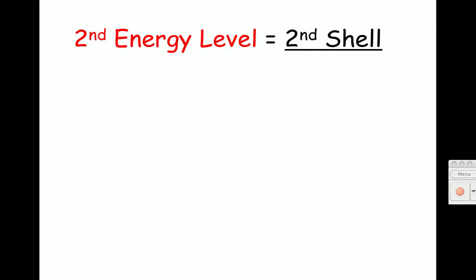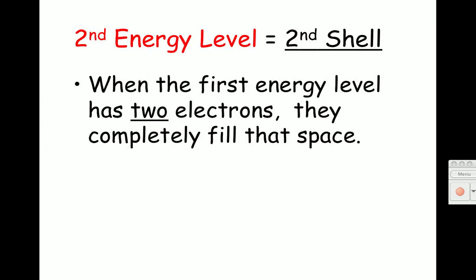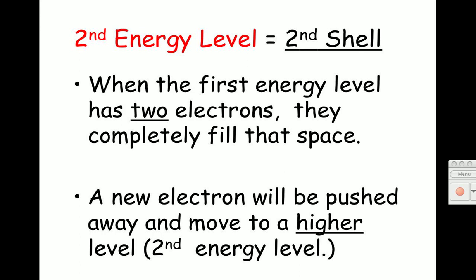So once the first energy level has 2 electrons, it is completely full. Any new electron that we would need to place gets pushed away from the nucleus and bumped to a higher energy level, in this case, the second energy level. Our second energy level has 2 different types of orbitals.